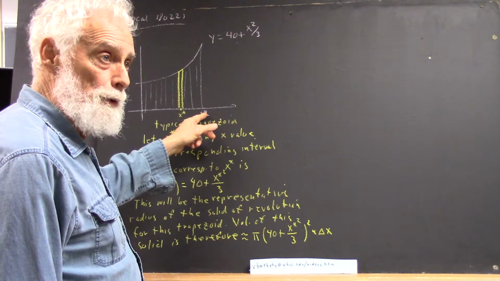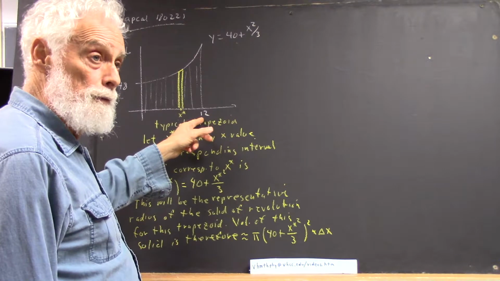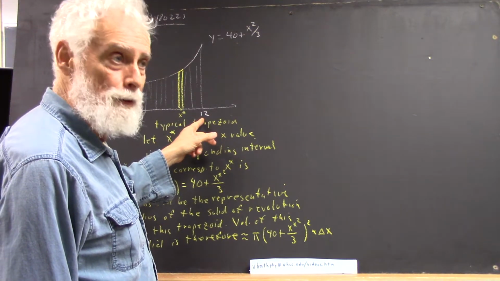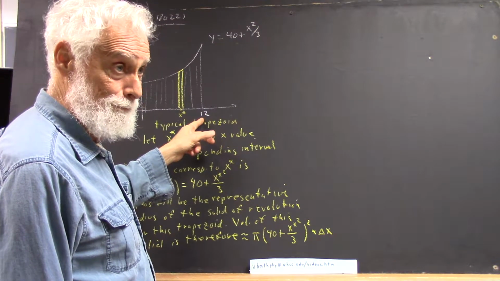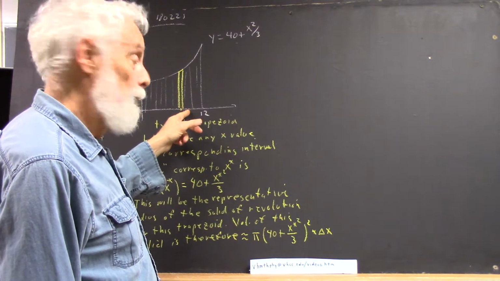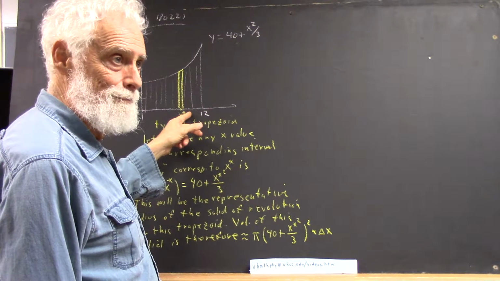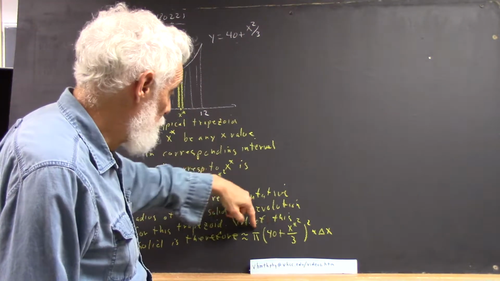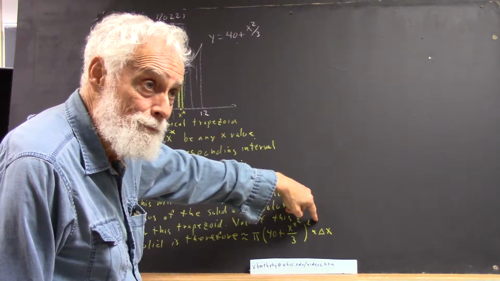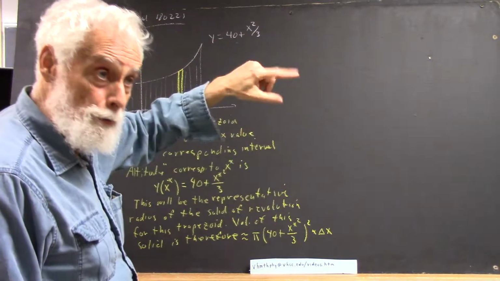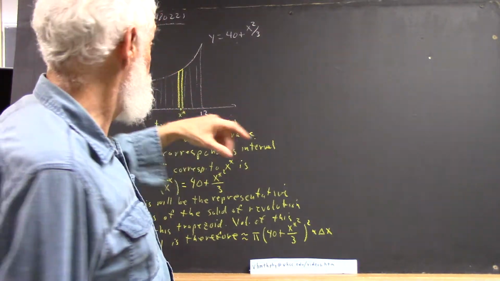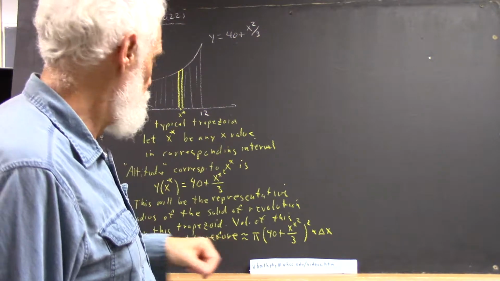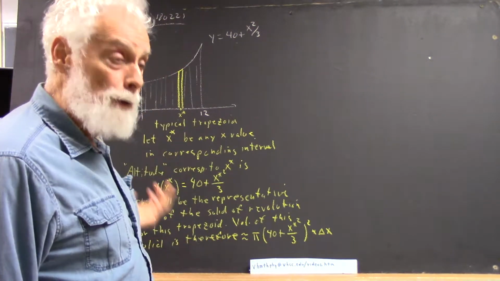So I could tell the computer, divide this interval from 0 to 12 up into 1,000 sub-intervals, each of length 0.012. Pick any point at random within each trapezoid and figure out the corresponding volume that you would have if you rotated that trapezoid, or that section of the graph, which isn't exactly a trapezoid, but very close, okay? And then add them up.